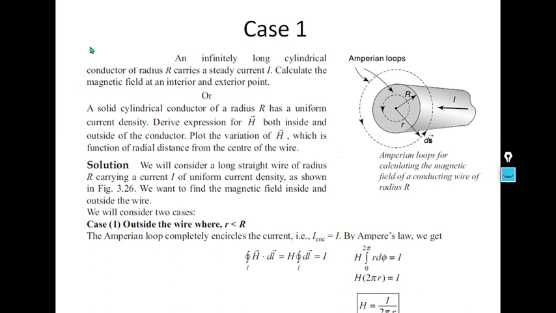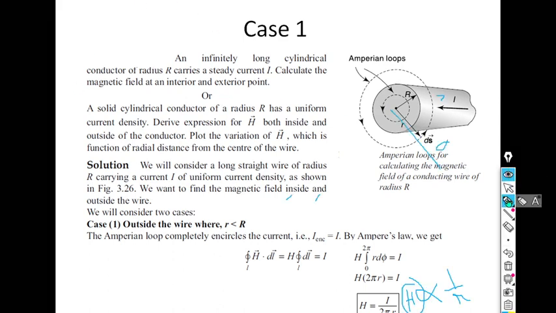Here also we can find it out. Now this small r is a small Amperian loop, and this is the big R. In the second case, the current enclosed is only part of the total. So we find the current density, J is equal to I by pi R square.